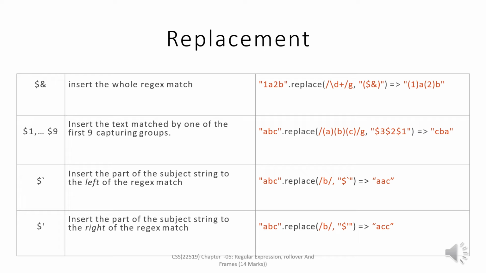Then $` inserts the part of the subject string to the left of the regex match, ABC replaces with AAC. And $' inserts the part of the subject string to the right of the regex match, ABC replaces with ACC.